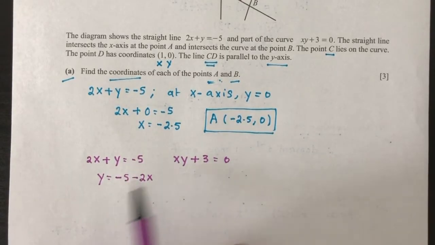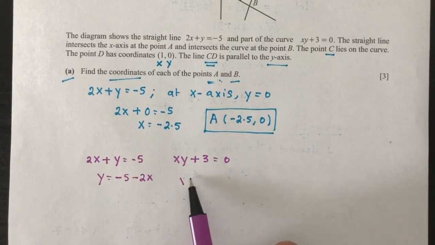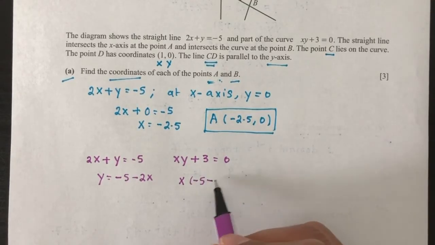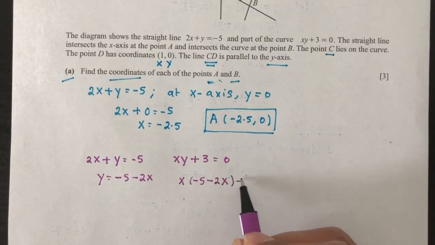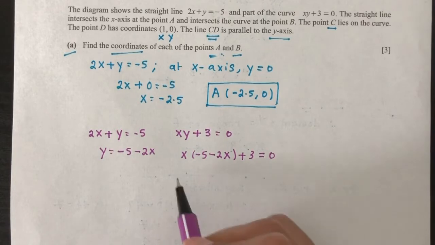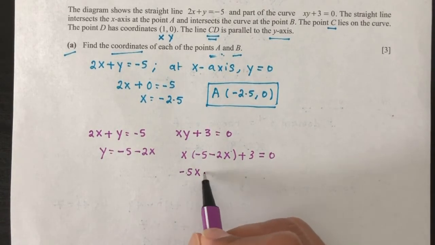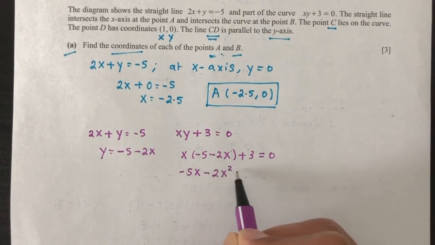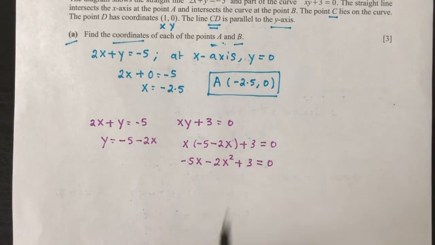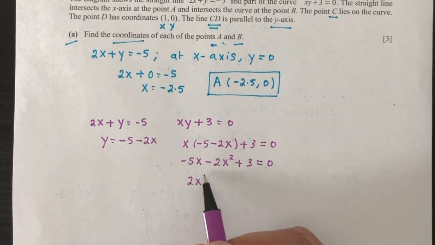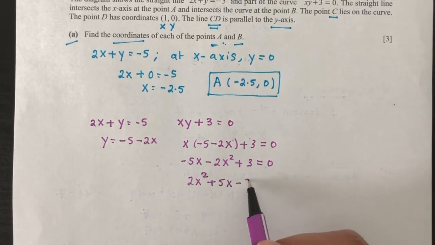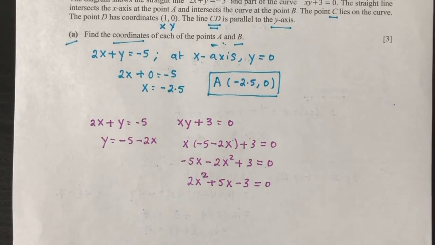Here we have y, replace y in this, you'll have x times (minus 5 minus 2x) plus 3 equal to 0. Expand the brackets, you will have minus 5x minus 2x squared plus 3 equal to 0. Now let's make this positive, becoming 2x squared plus 5x minus 3 equal to 0.